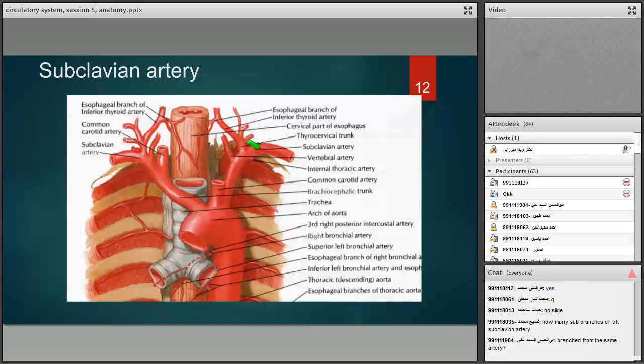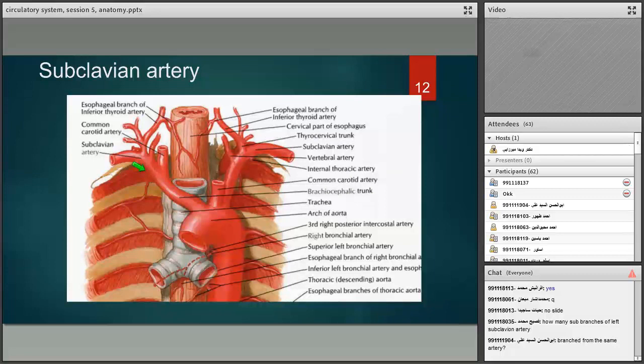They both have some sub-branches. On the right and left sides, we have the right subclavian artery and the left subclavian artery. All these branches are in both sides.